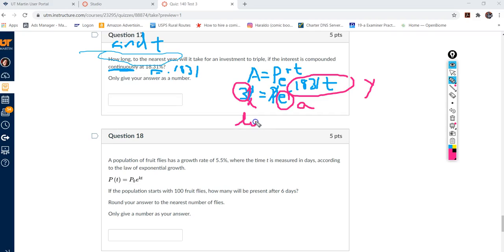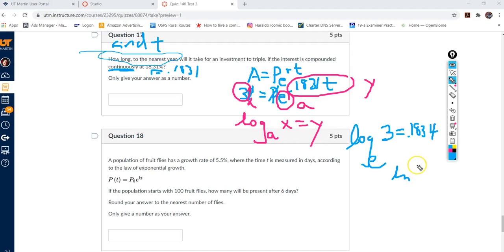So I'll do the conversion template. And now bringing it to blue, I'll have logarithm of base e of 3 is 0.1831t.